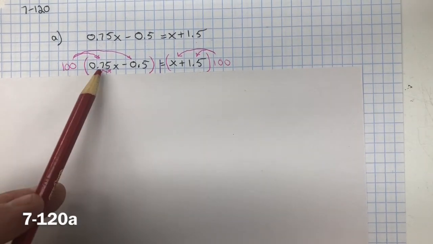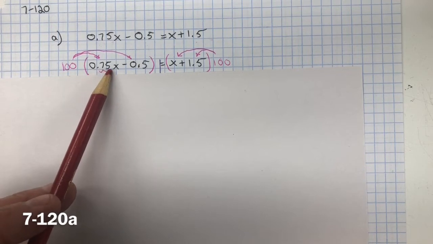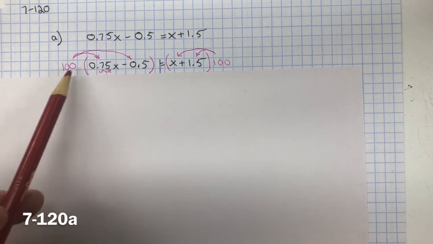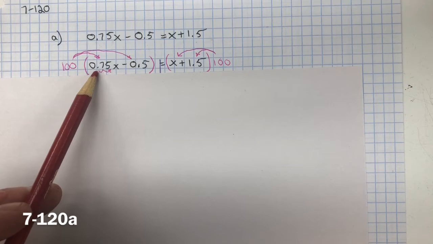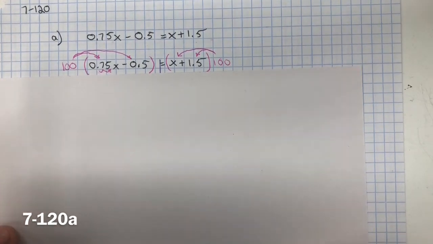100 multiplied by 75 hundredths x will move the decimal 2 places to the right. If we were to divide by 100, it would move it 2 places to the left, because when you're dividing, it decreases the value.